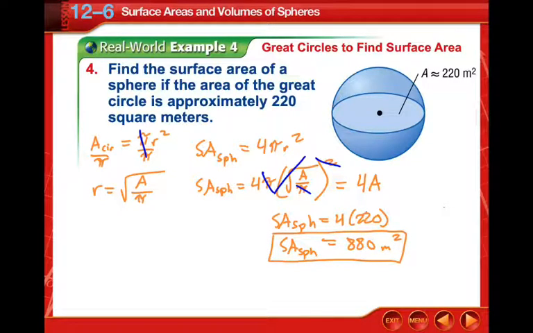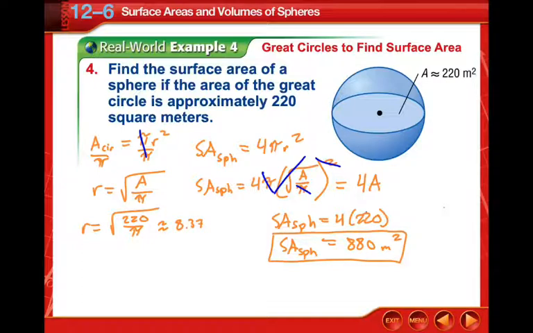Again, you can work backwards and find what the radius is approximately and then work through it and square it and all that. But this gave me an exact answer because I used what I already was given. As exact of an answer as I can get. That area is approximate, so it's not entirely true, right? So if we wanted to find our radius, we would just plug in this formula. That'd be 220 divided by pi and the square root of that, which gets us about 8.37.